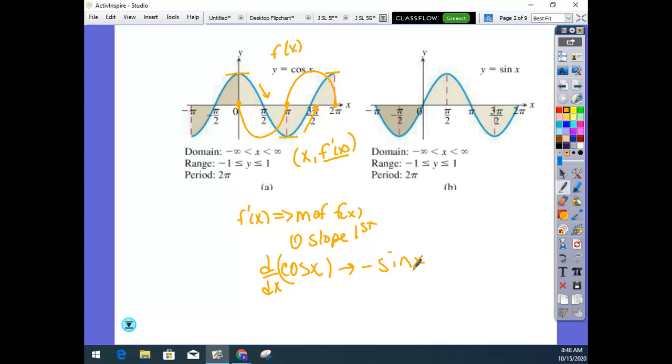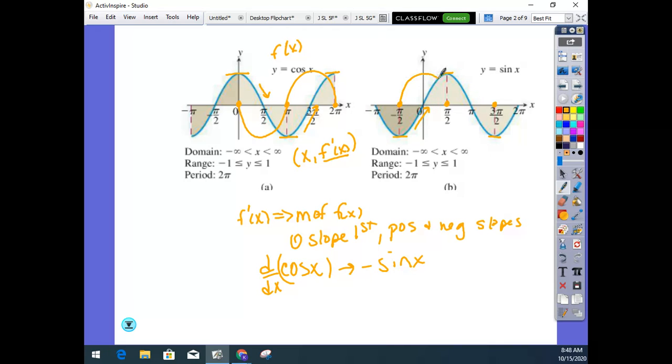So let's do the same thing with sine. Look for all the zero slopes. So this will be a zero, this will be a zero, this will be a zero. Then we look for positive and negative slopes. Here we have a positive slope.